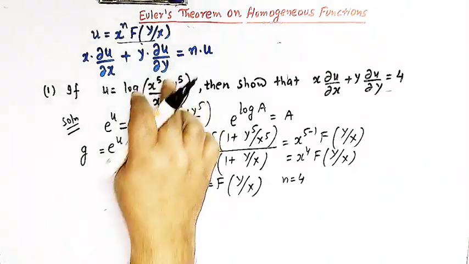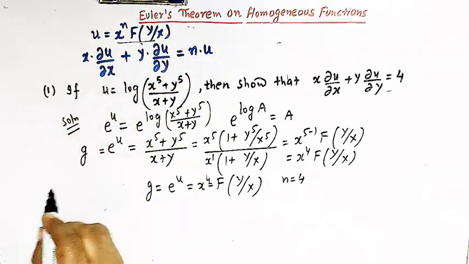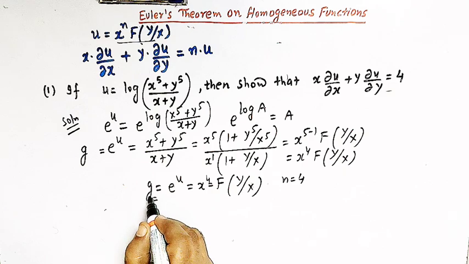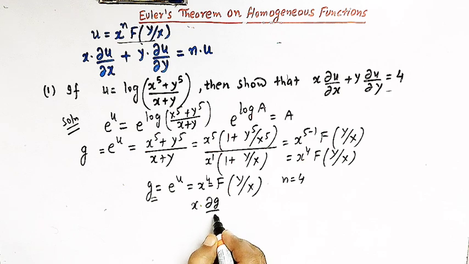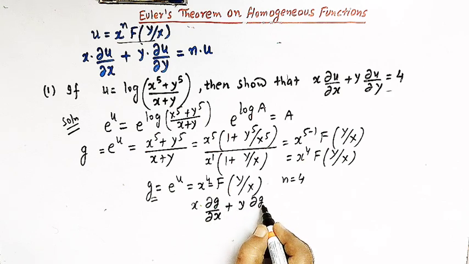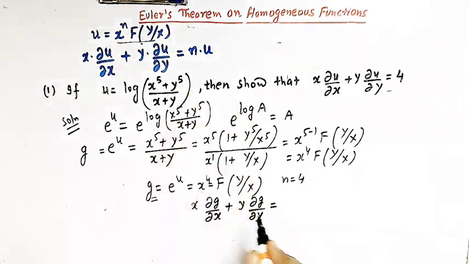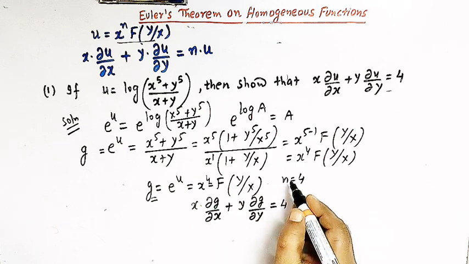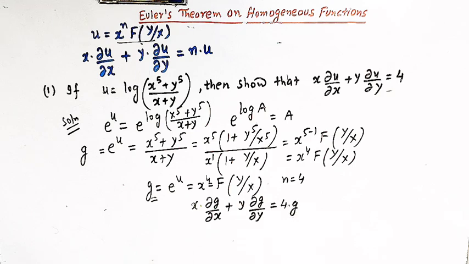Then by Euler's theorem we can write this statement for our function g, right? So we have x times del g over del x plus y times del g over del y is equal to n times g, that is 4 times g, right?